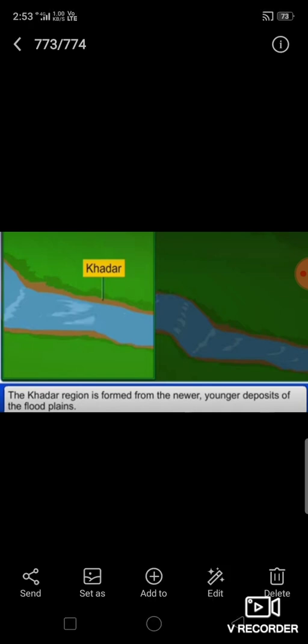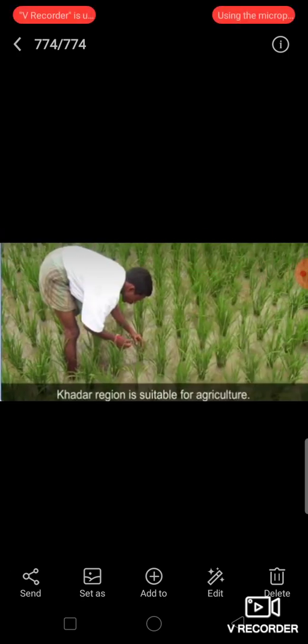The newer deposition, the younger deposits of the floodplains, are called Khadar. They are renovated almost every year and so are fertile, thus ideal for intensive agriculture.